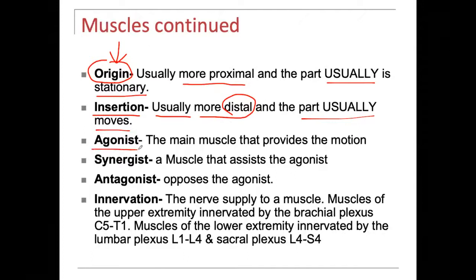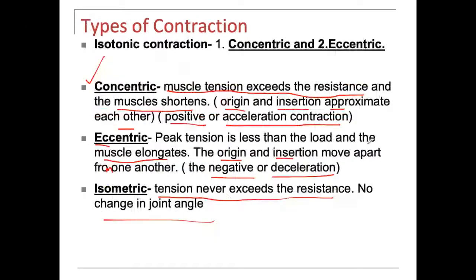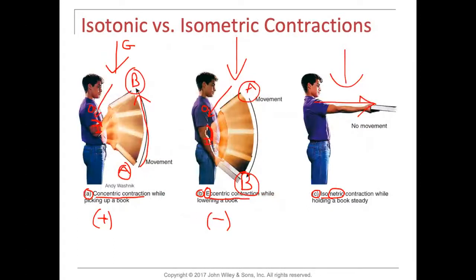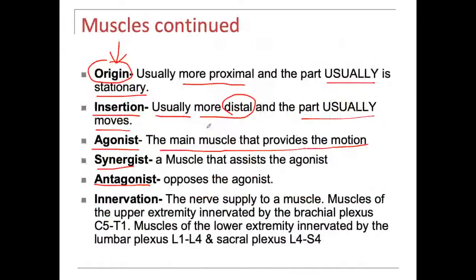Now, what are these terms? Agonist, antagonist, and synergist. So an agonist is the main muscle that's going to provide the movement. So in the case here, the biceps brachii is the primary mover. It's the agonist for elbow flexion. What's the antagonist?